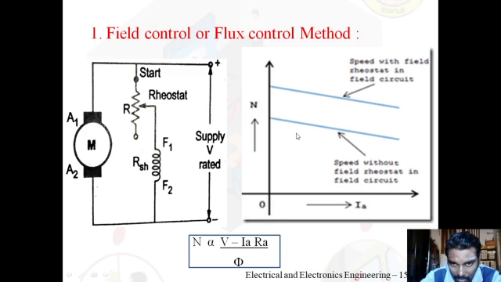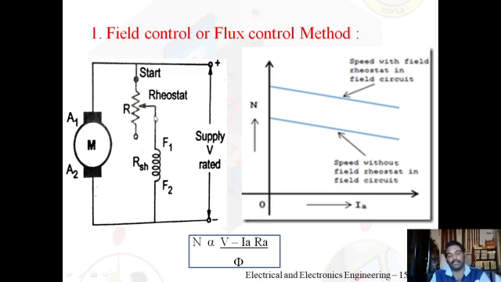Therefore, we analyzed the variation of speed with respect to load when the rheostat was placed at the start position. That means when the value of R is equal to 0, at that time we analyzed the variation of speed.